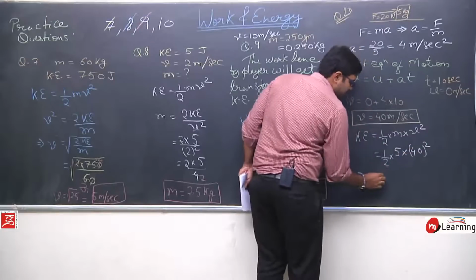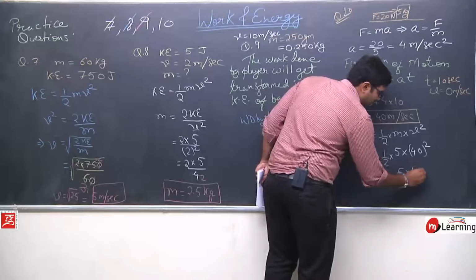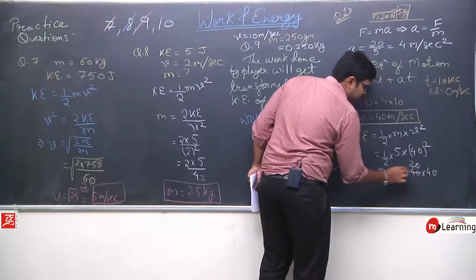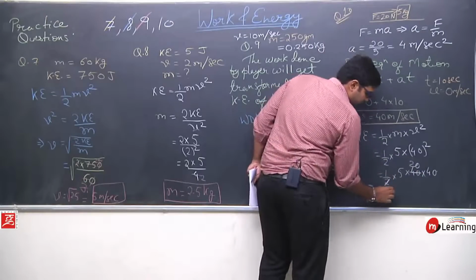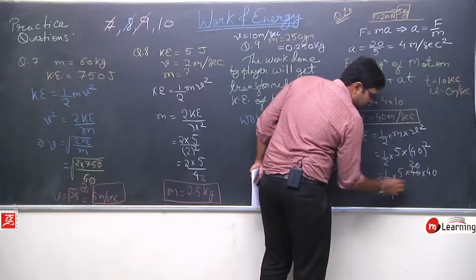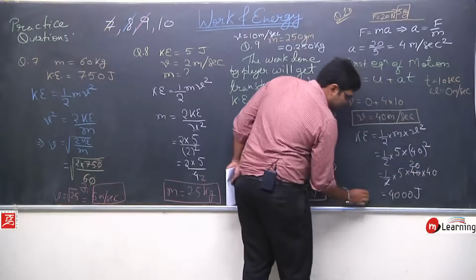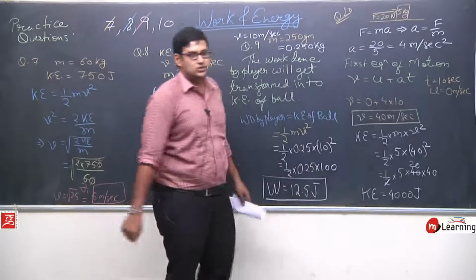So you can calculate half into 5 into 40 into 40. This is 20 times, so this will give you 4000 joules. So the kinetic energy will come out to be 4000 joules.